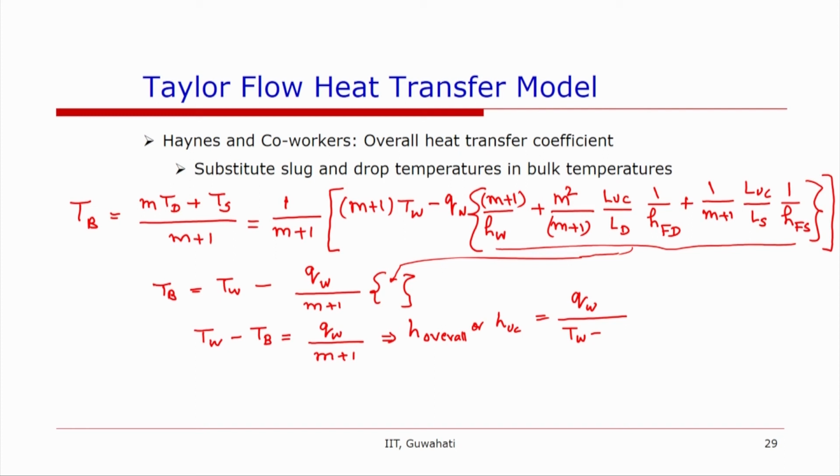So, this will be the T wall minus Q wall into this bracket, and the entire thing in the bracket. So, H_UC is equal to Q wall divided by T wall minus T bulk.